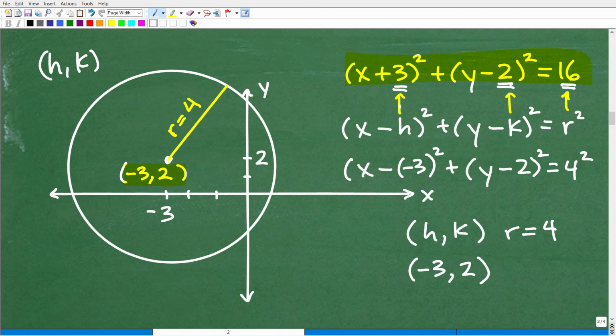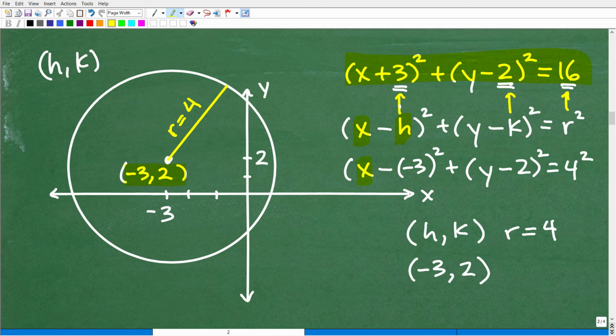Anytime you have an addition sign, like x plus 3 or y plus 5, you have to think of this as x minus h and y minus k. We can't really see clearly what our h value is here, so we have to write this as x minus, because the formula is x minus h.